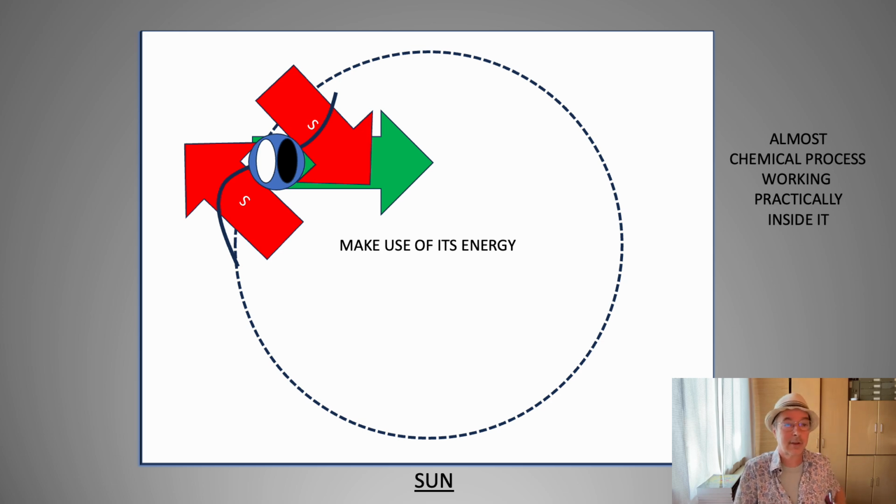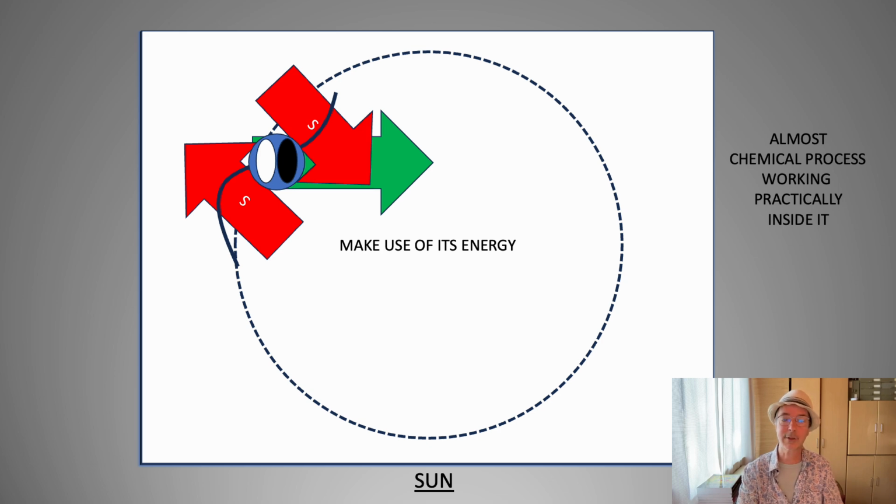Sun is the opposite. There the energy is not stored inside as a stagnation. The energy is at the outside. It's inside the U. That's what the process is about, and it goes inwardly, as if it is describing a chemical process that is practically working itself out inwardly and doing something with it.